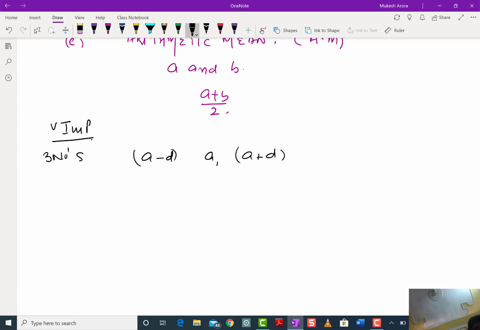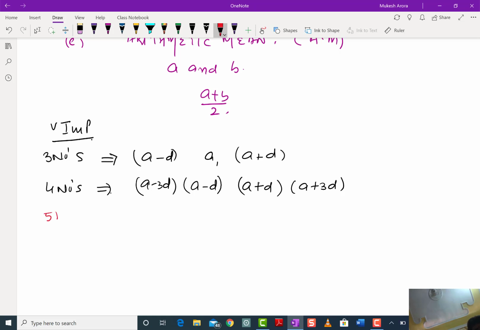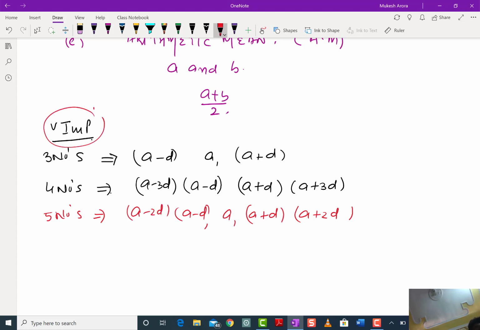When it says that four numbers are in AP, then the four numbers are a plus d, a plus 3d, a minus d, a minus 3d. And if it says that five numbers are in AP, then it is a plus d, a plus 2d, a, a minus d, and a minus 2d. That we have to remember.